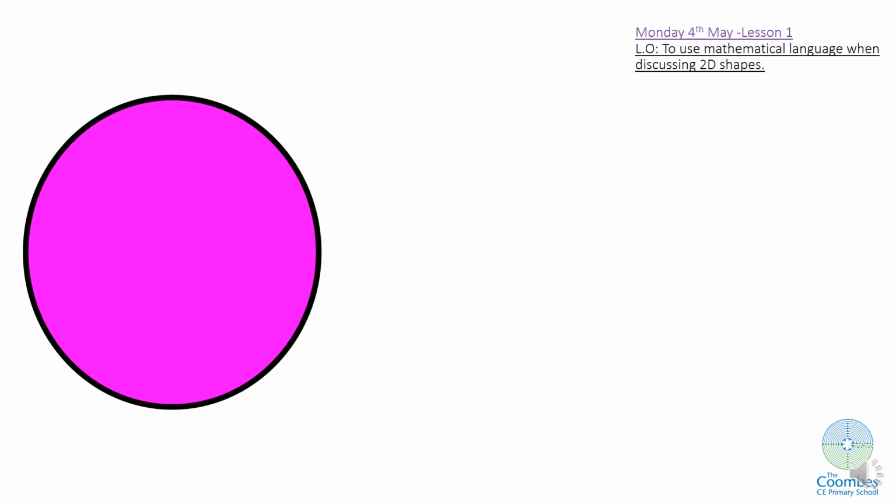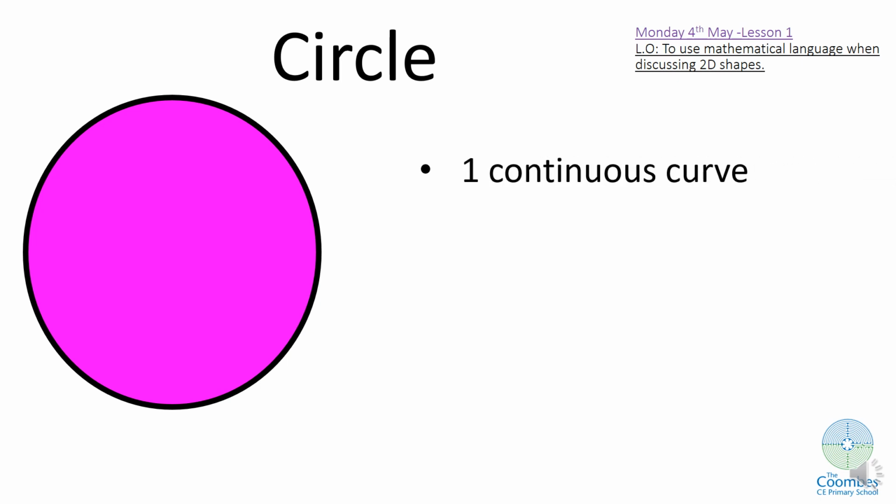Okay then, so let's have a look at one of our shapes in more detail. So this shape, can you remember the name of it? Well done, it is a circle. And this circle has one continuous curve. So if we have a look all the way around here, this side of the circle goes round continuously.